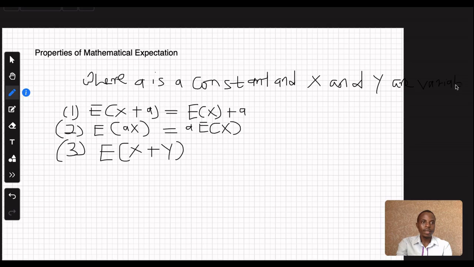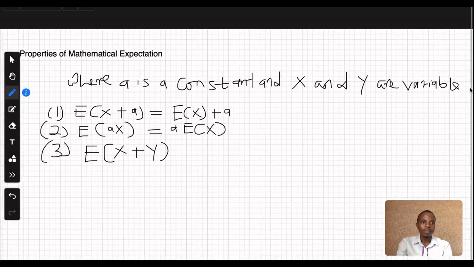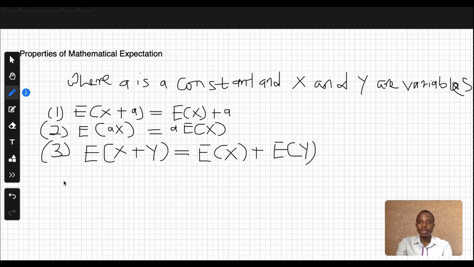In such a case, the expected value of X plus Y will be the expected value of X separately, adding that to the expected value of Y separately. And finally, the expected value of X multiplied by Y will be the expected value of X multiplied by the expected value of Y.